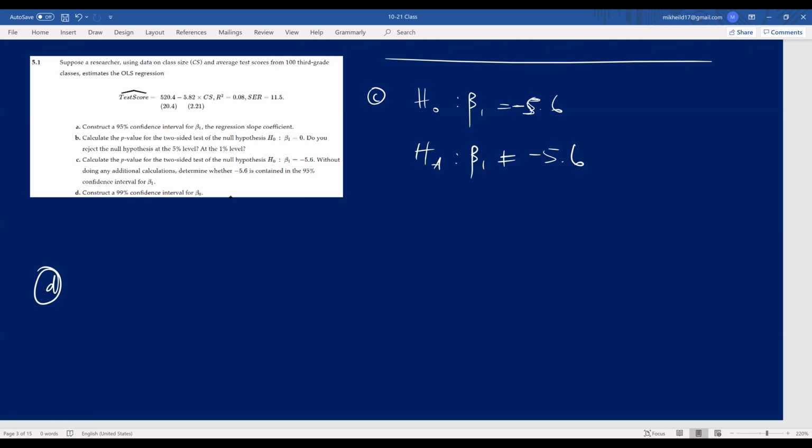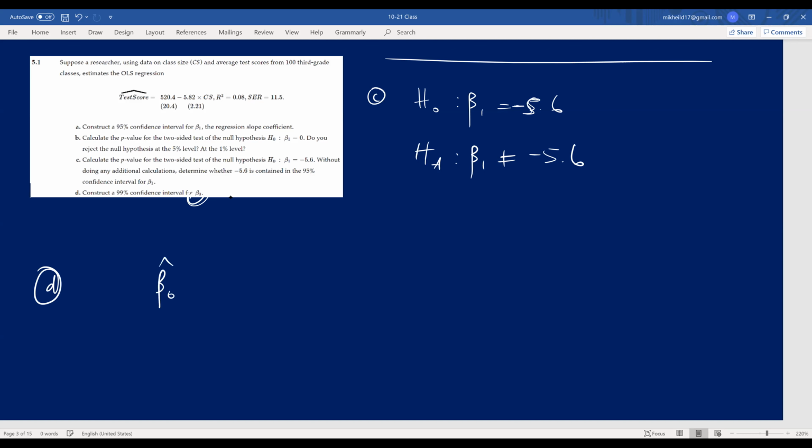Part D is very simple. It is about the 99% confidence interval for beta 0, and it's really easy, because you know what beta 0 hat is.